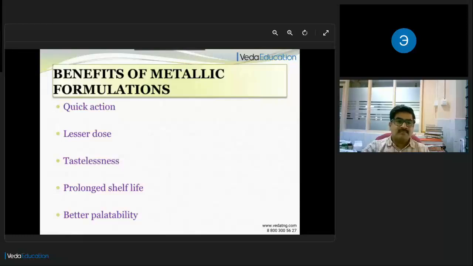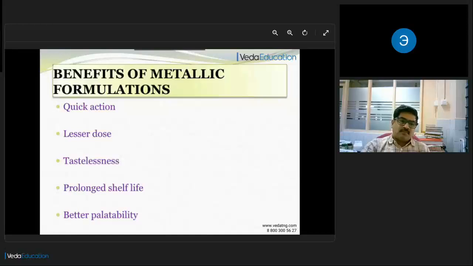Okay? And the last one is better palatability. That is, it is very easy to consume. That is the most important benefit of these Rasa drugs. Пятое положительное качество – это употребимость, то есть все те качества, которые помимо вкуса позволяют легко принимать растительно-минеральные препараты.